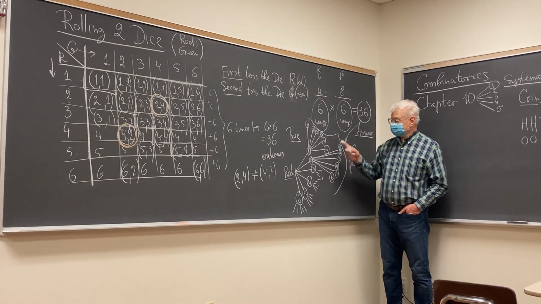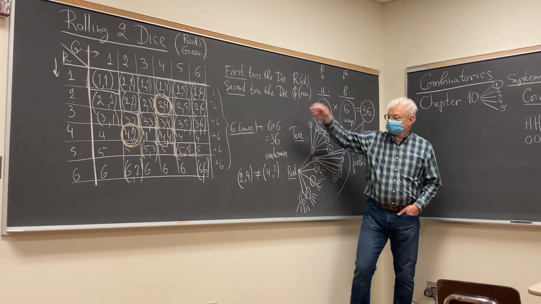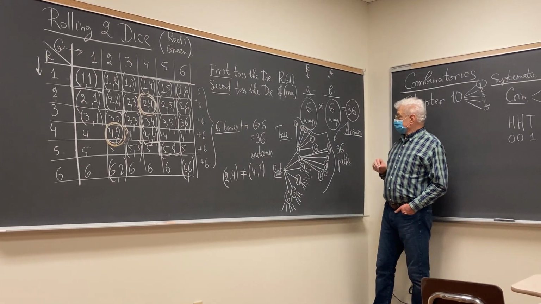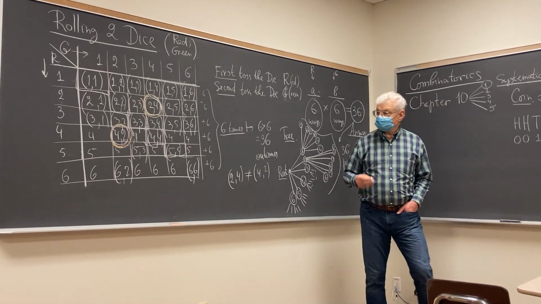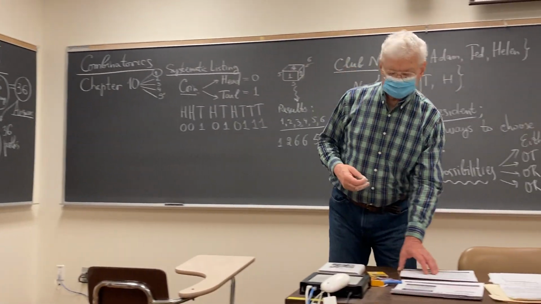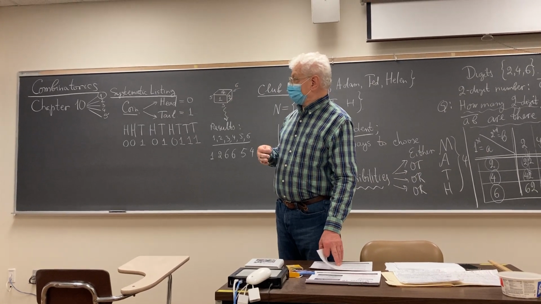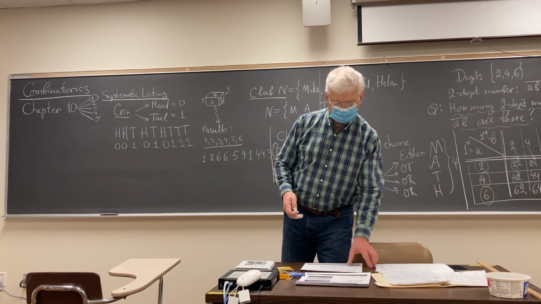So you have 6, 6, 6, 6, 6, 6, taken 6 times, and you get the product. That's why the product comes up, 36. And that is the general idea, which will be applied in many different cases. I will show you much more difficult problems based on that idea that can be solved in a very easy way if you use it.